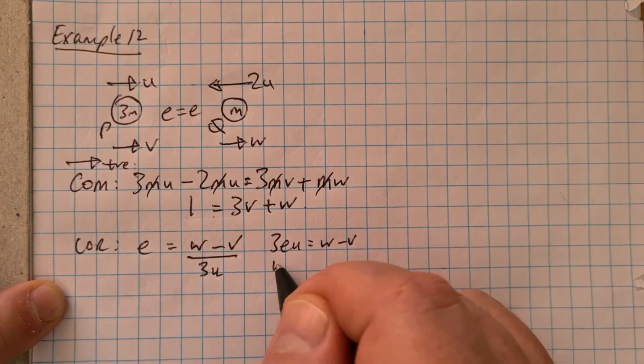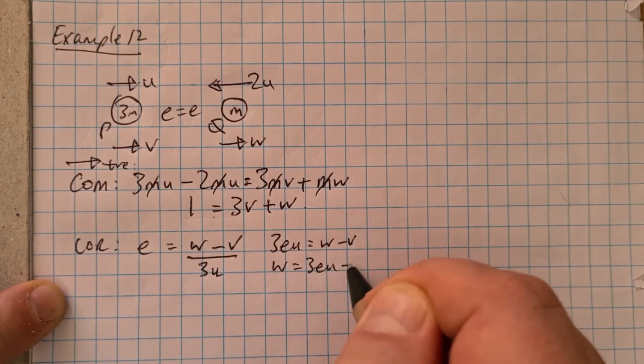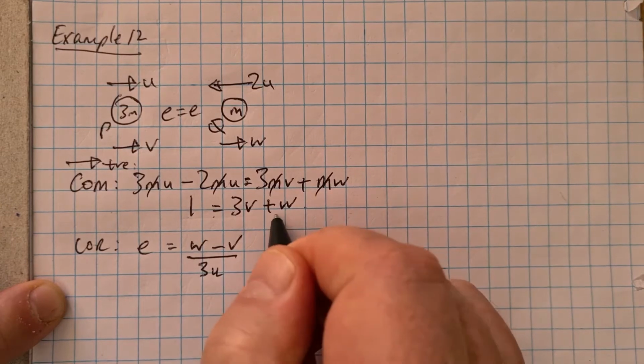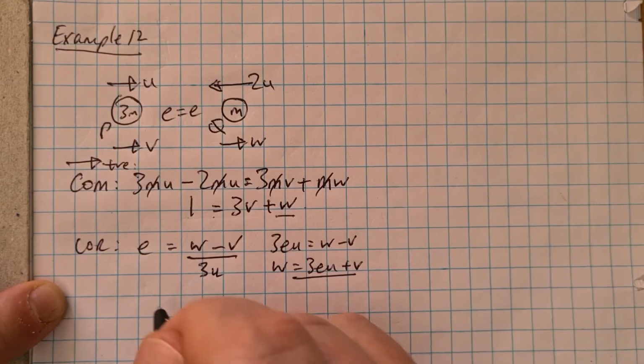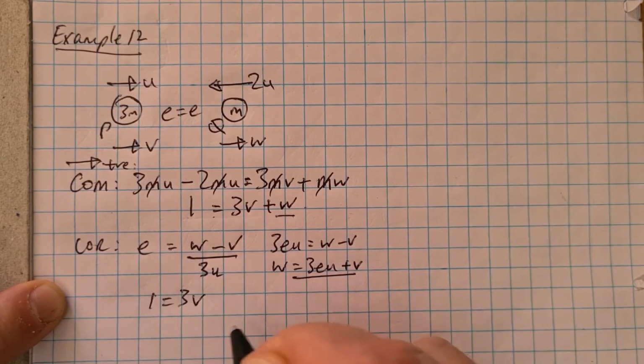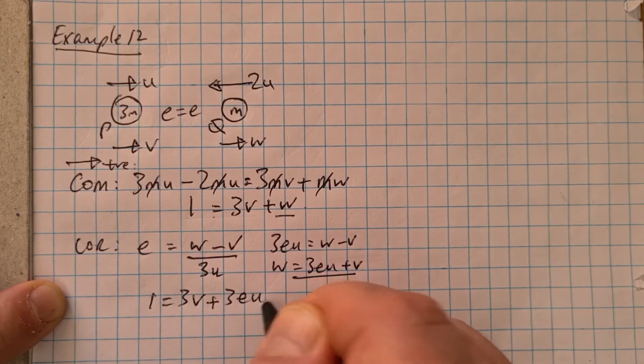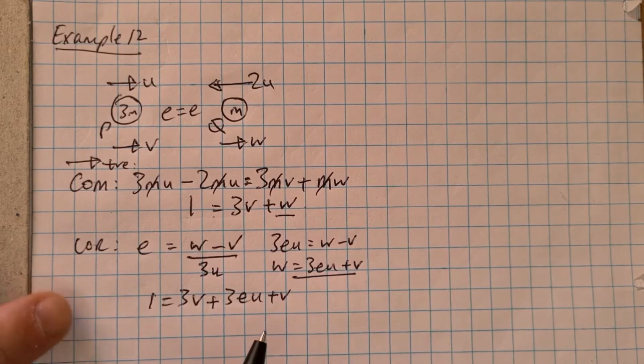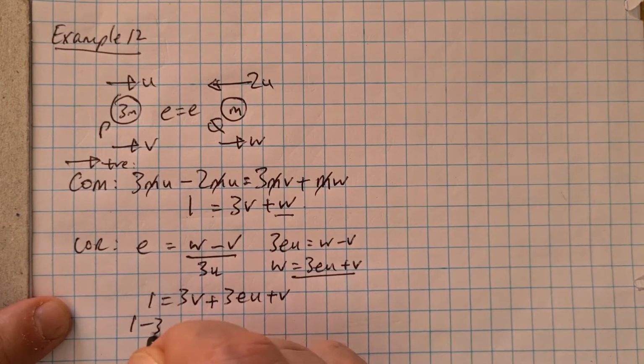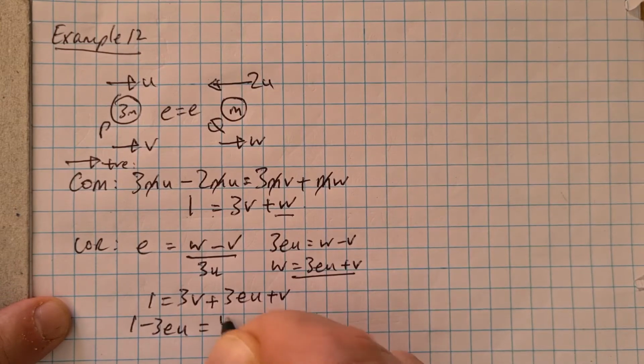So if we set w to equal 3eu plus v and substitute that to replace w in our first equation, we have 1 equals 3v plus 3eu plus v. So therefore 1 minus 3eu is going to equal 4v.